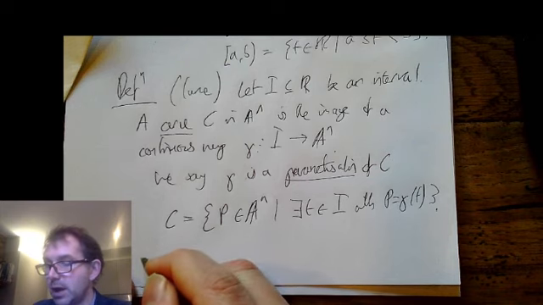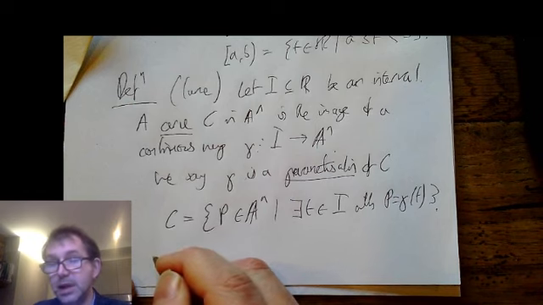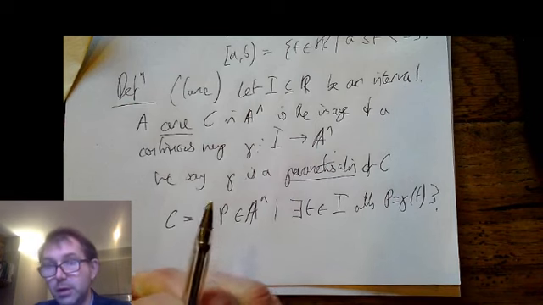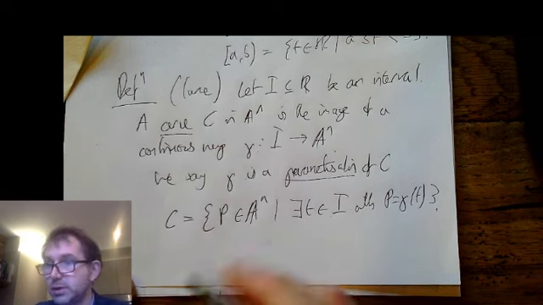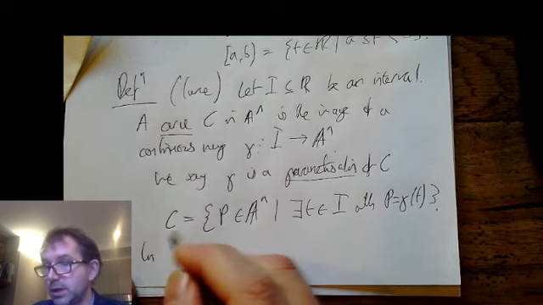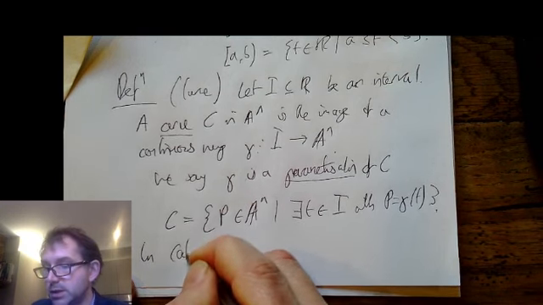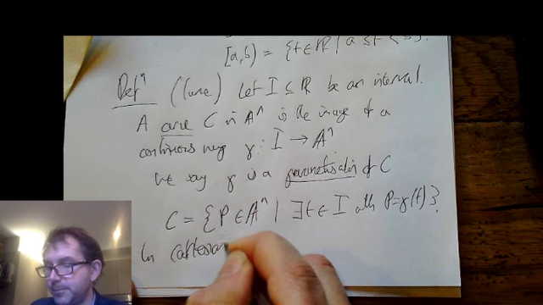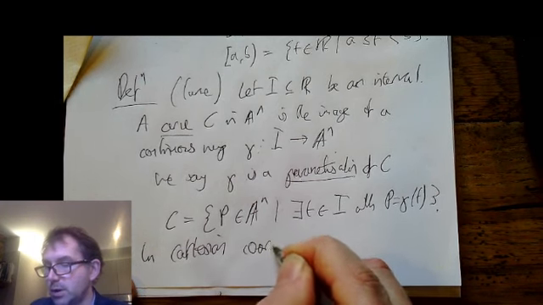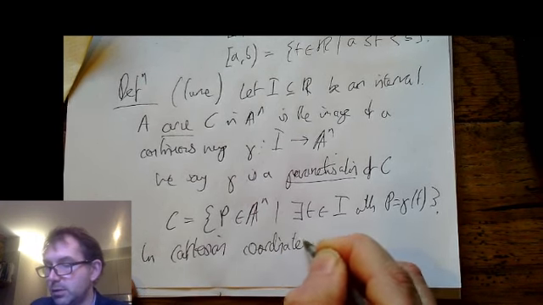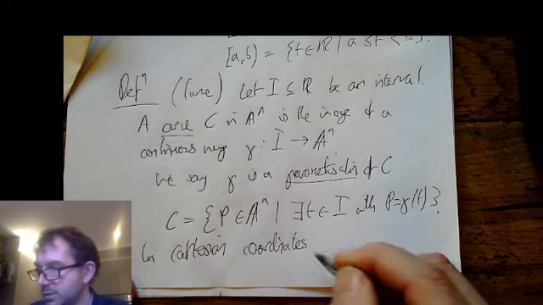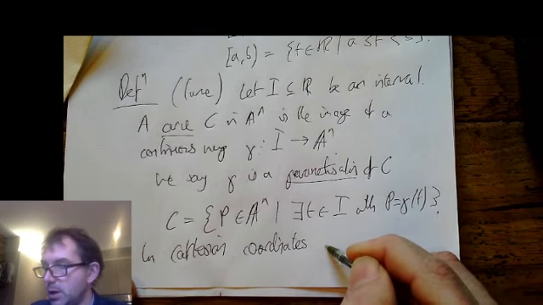But anyway, for the purposes of calculations, it's often useful to put things in coordinates, almost always. So in Cartesian coordinates, this is where we've got an orthonormal basis of our space that we've picked.